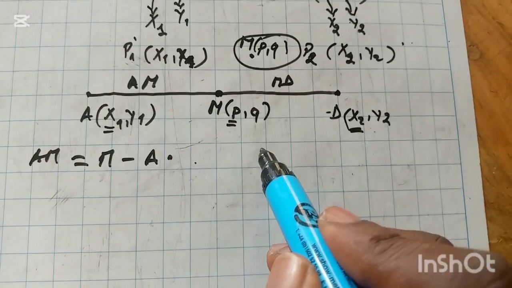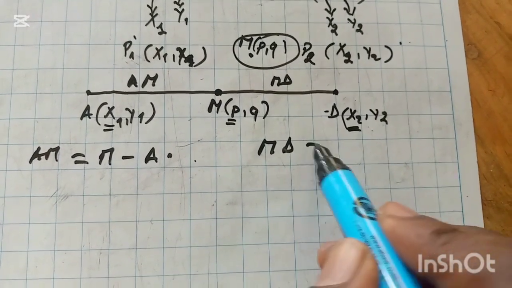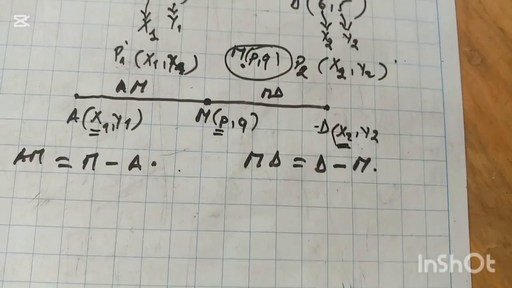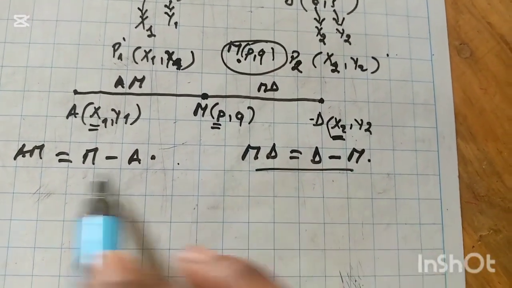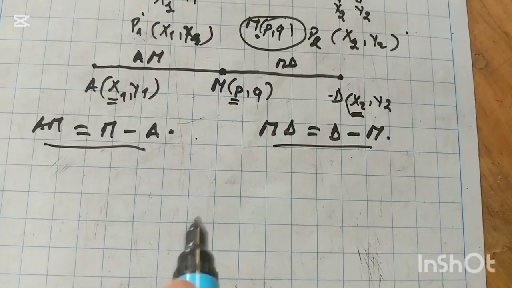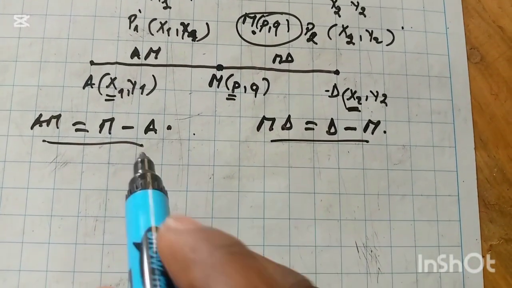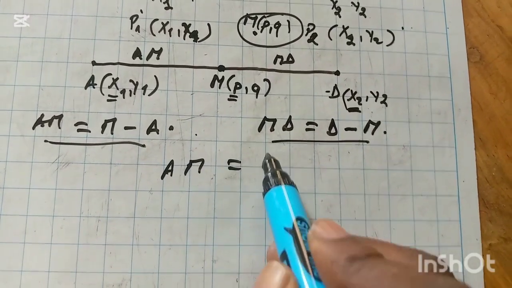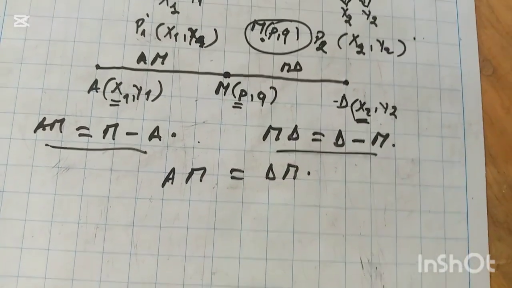And the distance MD will be D minus M. This is the distance. So now AM equal DM, right?